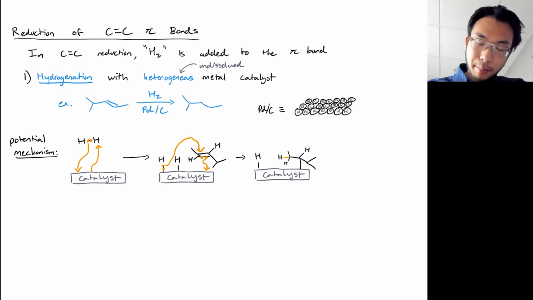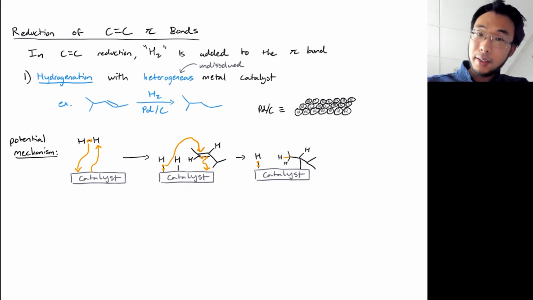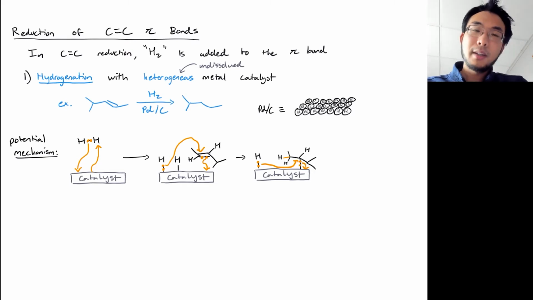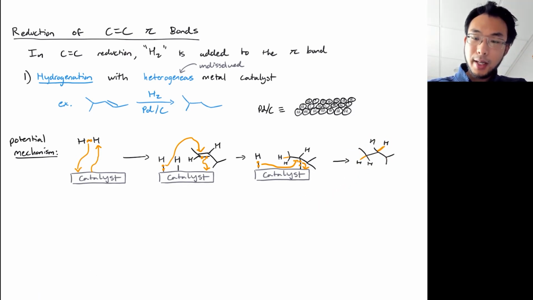The next thing that happens is that the other hydrogen, I think of this as essentially sliding in and taking the place of the catalyst to carbon bond. This then frees an alkane to float away, and the catalyst is regenerated to be able to continue reacting.